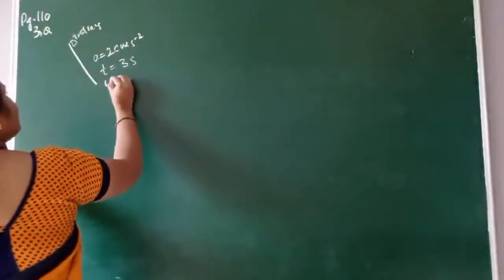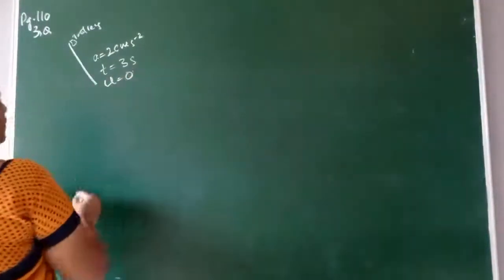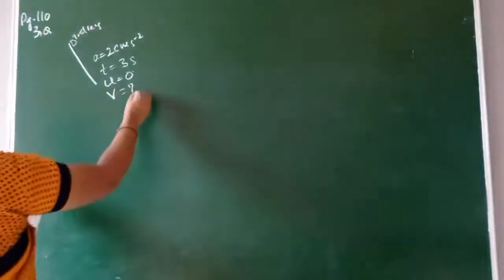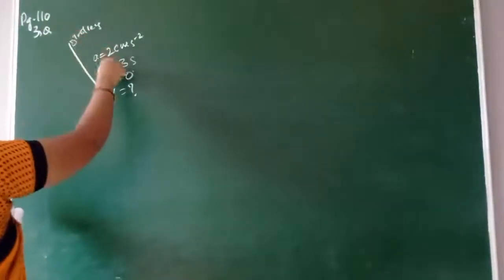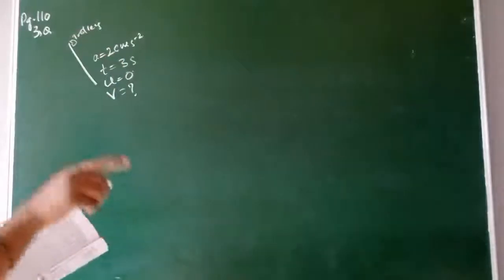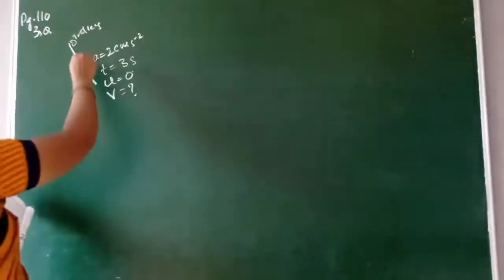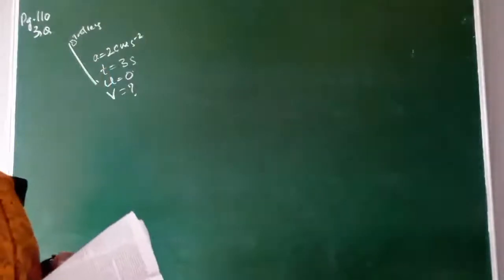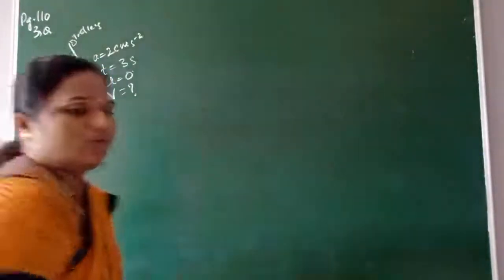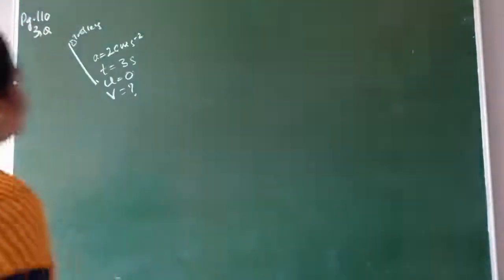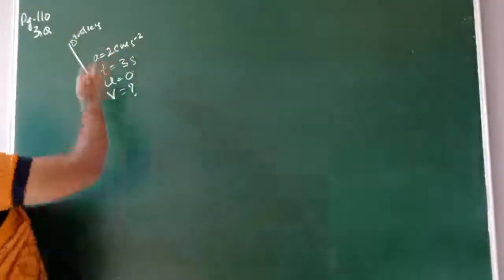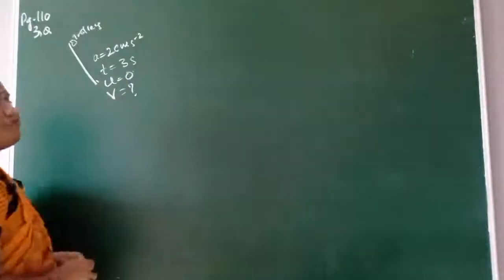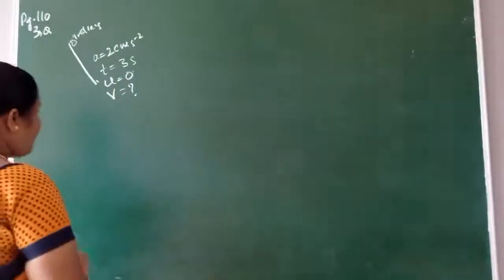So its initial velocity is what? 0. We need to calculate its final velocity. Since it is moving from this point, the initial velocity will be 0, and when it reaches this point, the final velocity we need to calculate. So which formula we need to use, children? Here acceleration is given, time is given, initial velocity is given, and the final velocity we need to calculate.